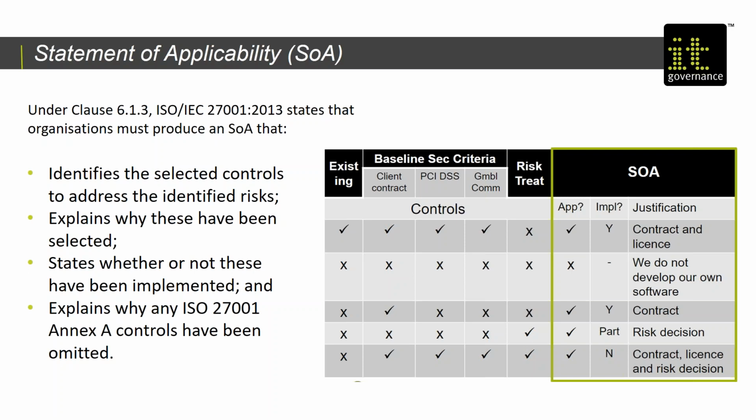Of course, it might not just be what we refer to in our implementation methodology here at IT Governance, baseline security criteria or risk treatment. It could also be simply that in conducting the comparison of the selected controls against those in Annex A to ensure any haven't been inappropriately omitted, that identifies that actually they should have been included.